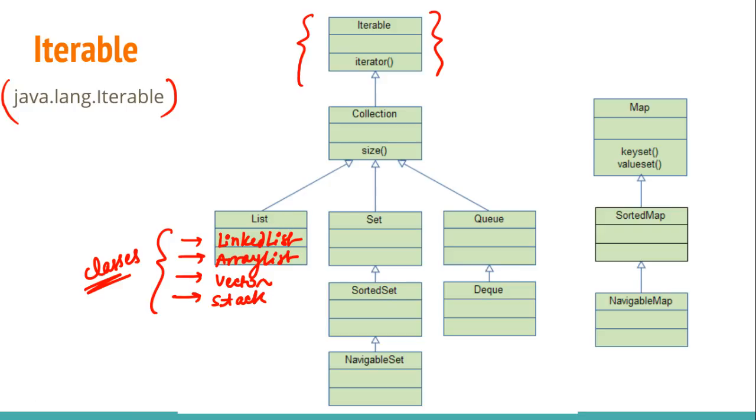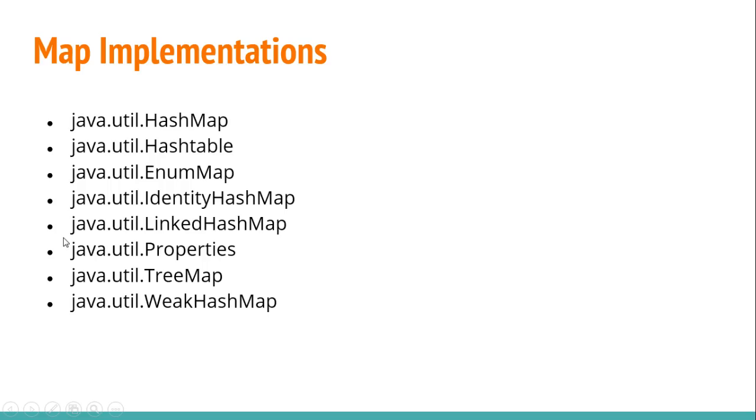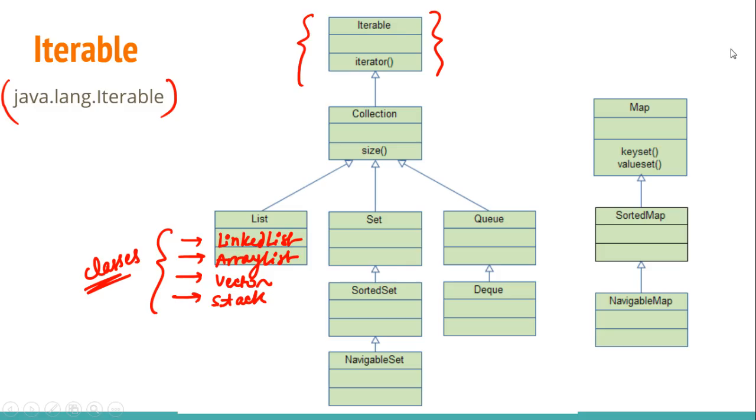Similarly, the same goes for Set, Queue, Deque, and Map. Like we saw before, for Map there are several implementations. These are all classes: HashMap, Hashtable, EnumMap, IdentityHashMap, LinkedHashMap. These classes are all subsets of the Map interface that you see here. If you want to talk about the implementations, the different ways you can implement a Map interface, those are the implementations of the Map interface.